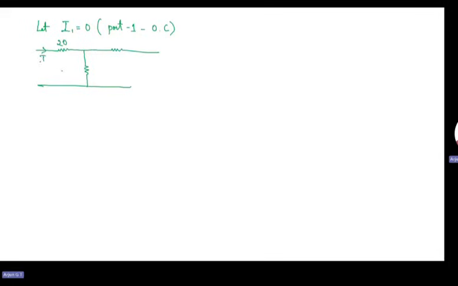Here the current I1 is equal to 0, therefore IA also becomes 0. Here I will take the loop current as IB.